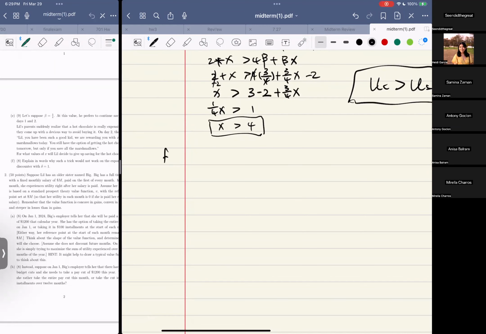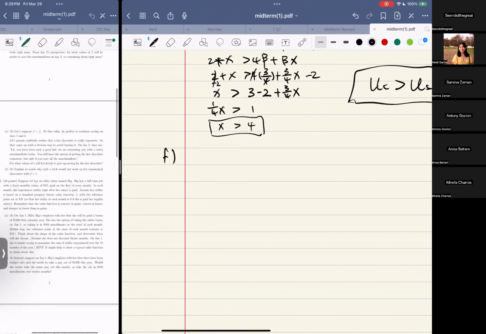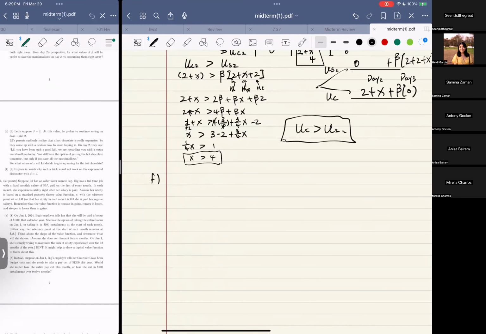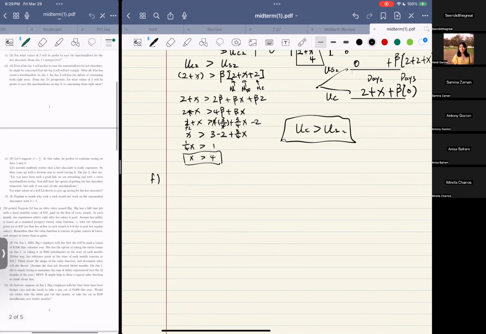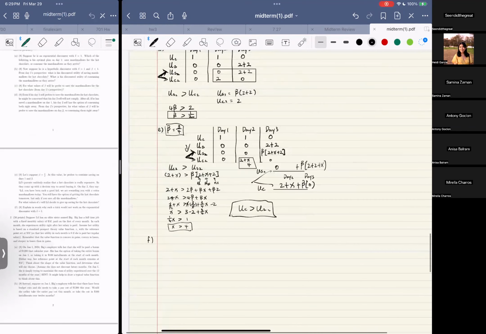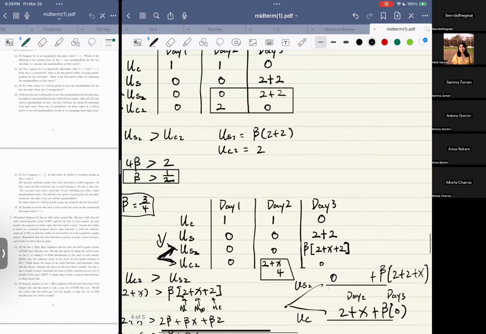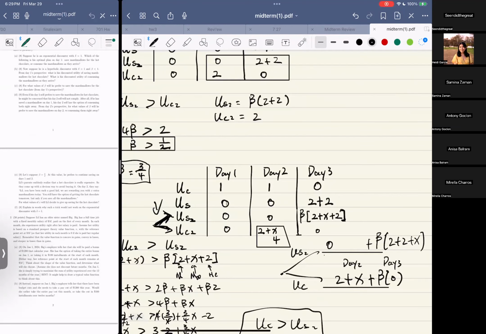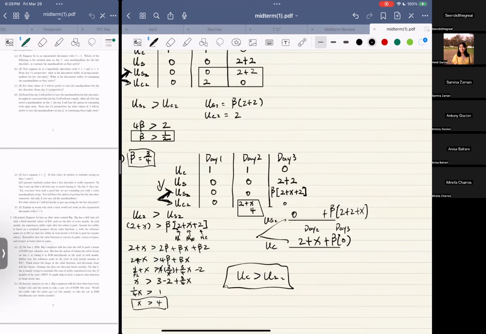Okay, let's go to F. Explain in words why such a trick will not work on the exponential discount with delta equals 1. If you are not hyperbolic, then you only have delta, and beta is the hyperbolic part.